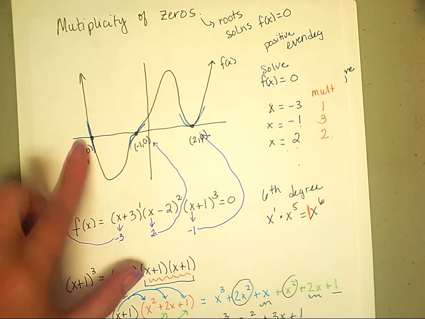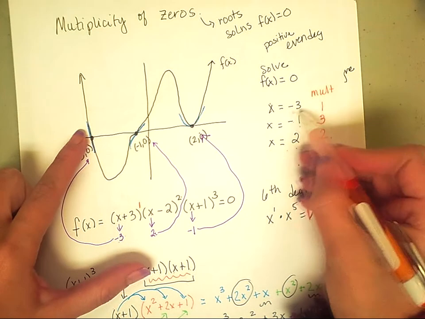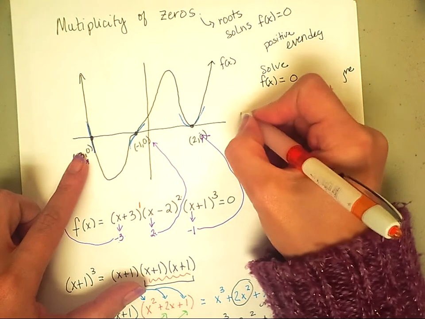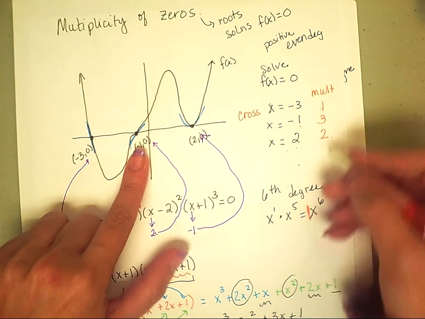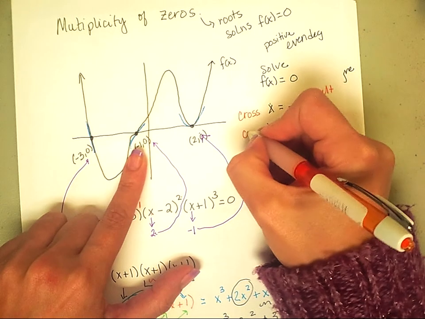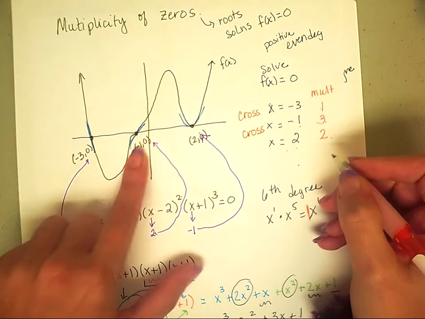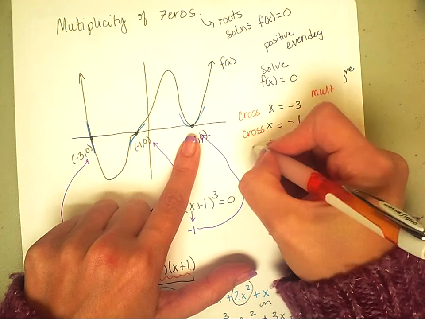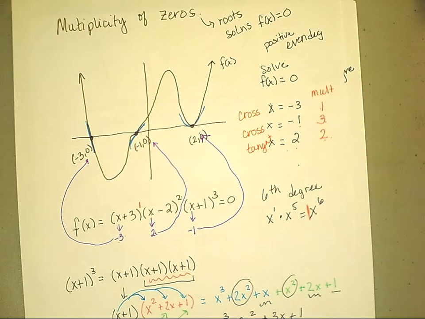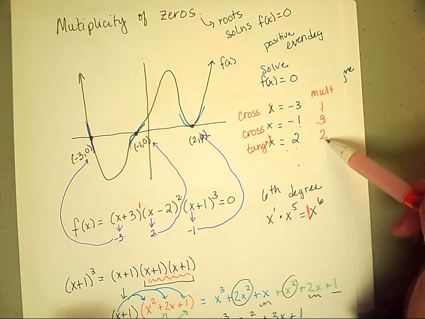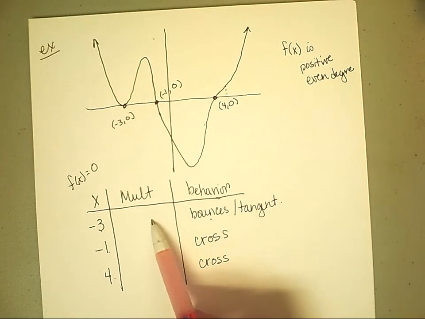Now, when this happens, x equals negative 3 with a multiplicity of 1, it crossed. At negative 1 with a multiplicity of 3, it also crossed. And at x equals 2 with a multiplicity of 2, it was tangent, that is, it bounced. Tangent or bouncing. So 1, 3, and 2.